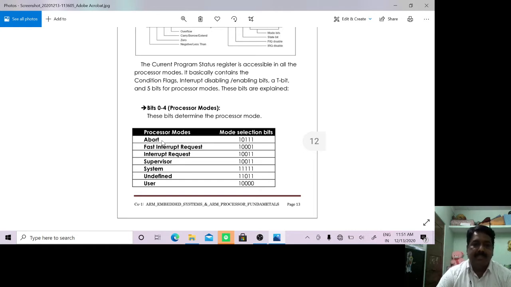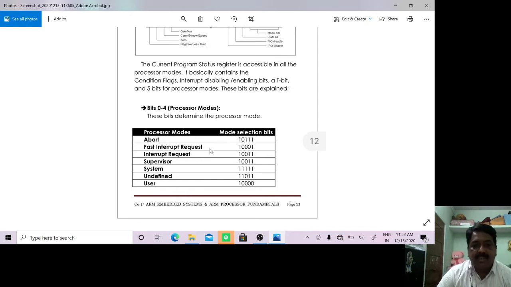Abort happens when data or instructions are tried to be accessed from a wrong memory location, or a location with the wrong address.